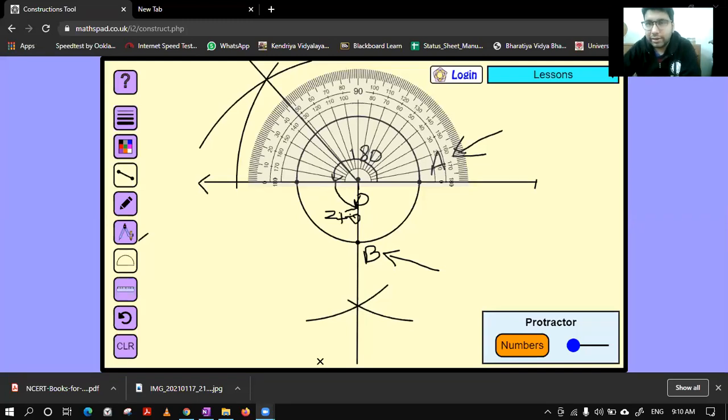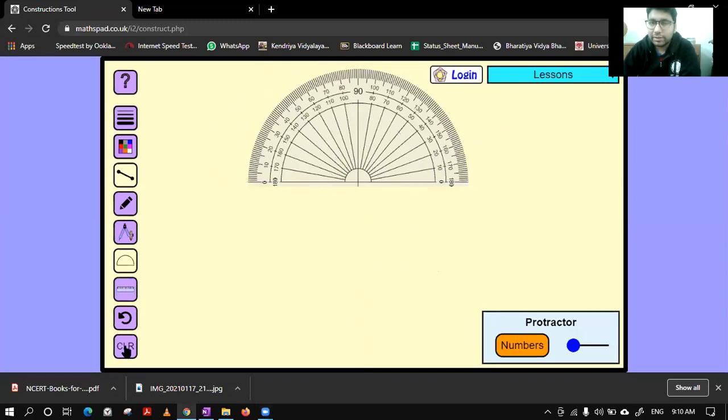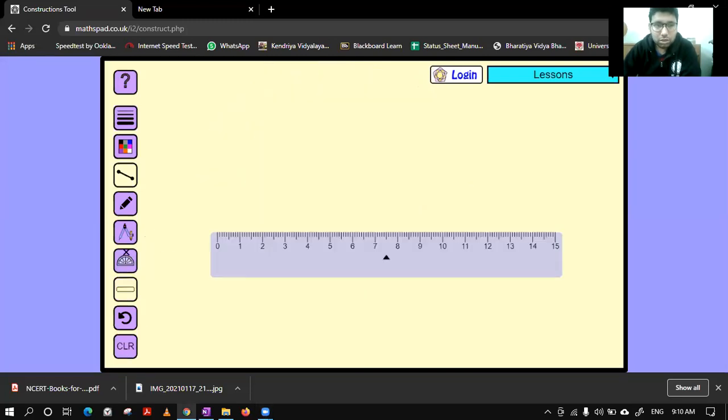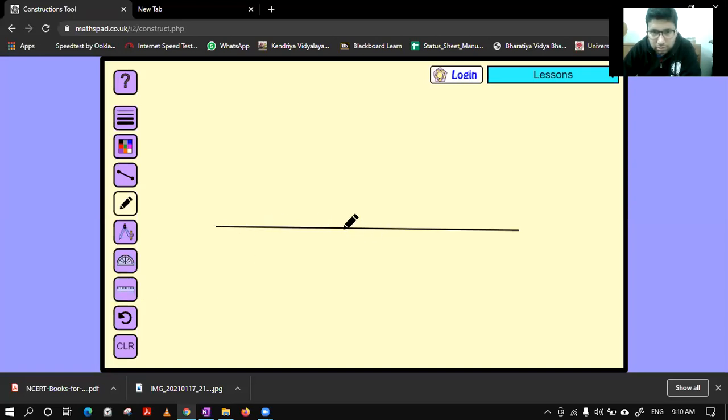Now let's see the next way also of drawing this angle. The next way is same, drawing this. One second. Now we'll try with two angles, that is 120 and 180. Sorry, 90 and 180, because 90 and 180 is also 270 degree.